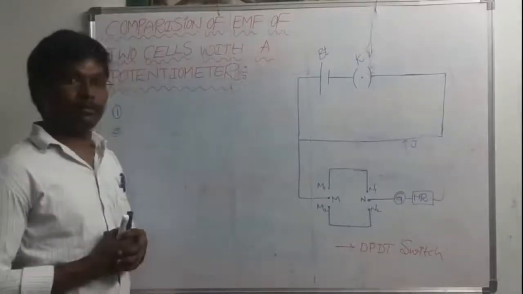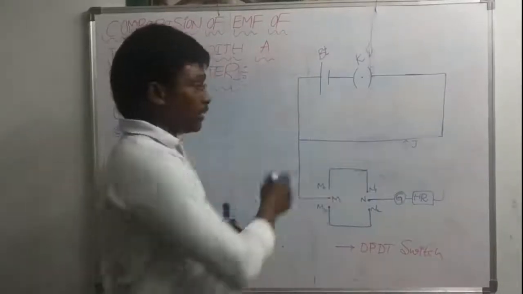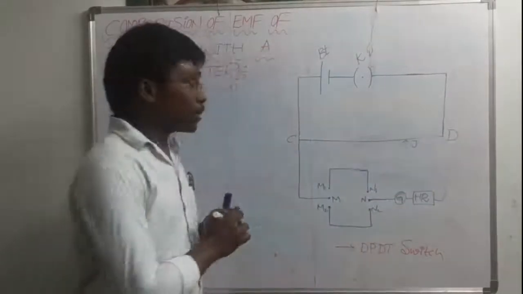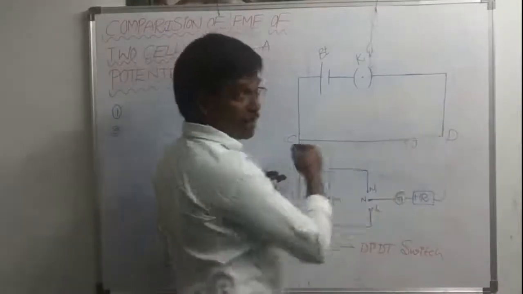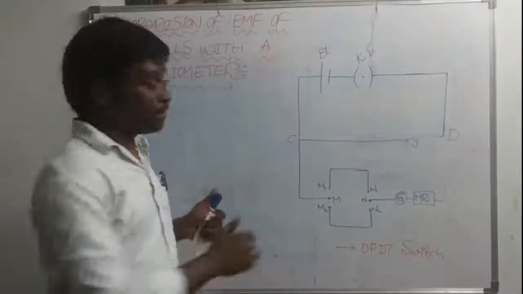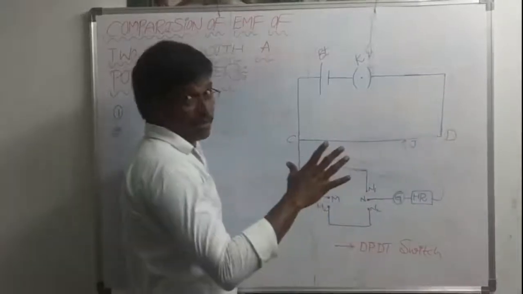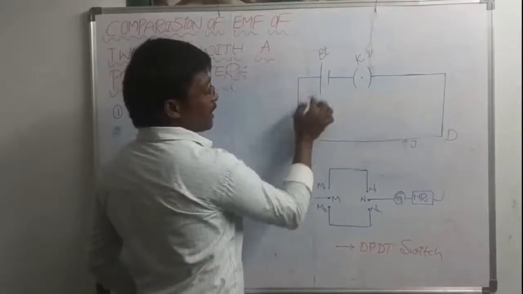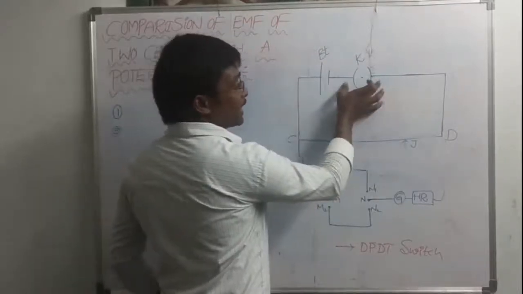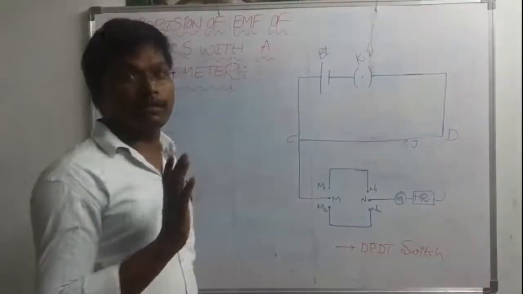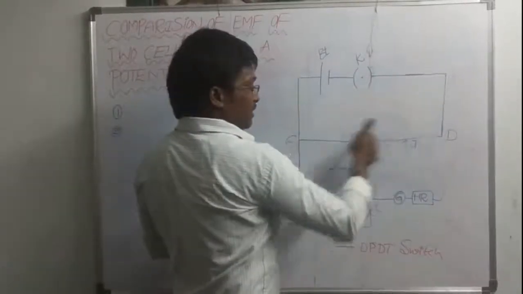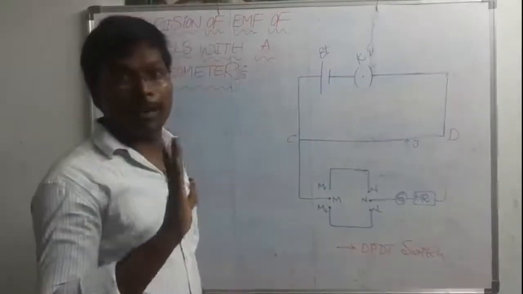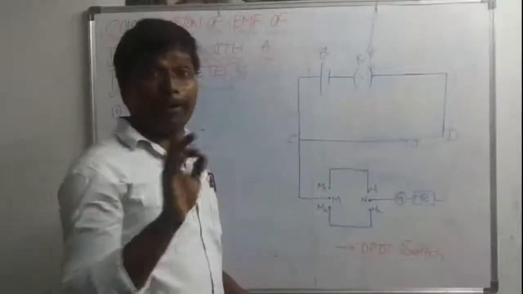Our second point: the potentiometer wire CD. This is the potentiometer wire, as I explained in yesterday's topic. The potentiometer wire CD is connected with a battery and a key in series format, and this is called the primary circuit.